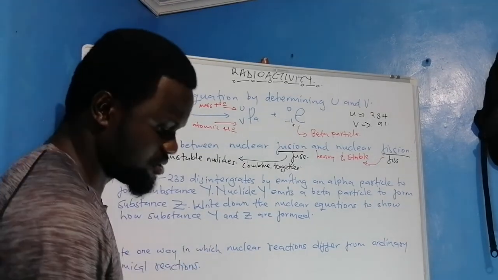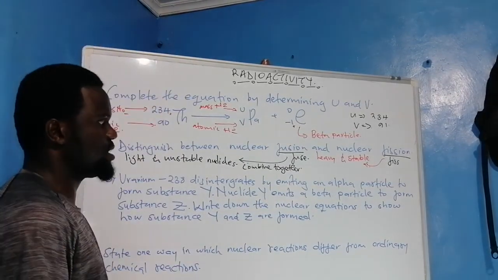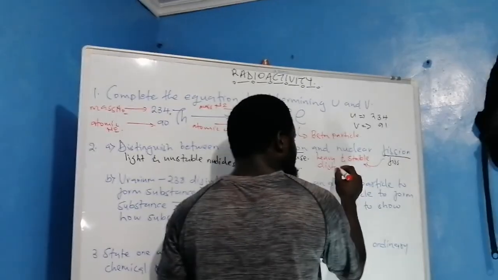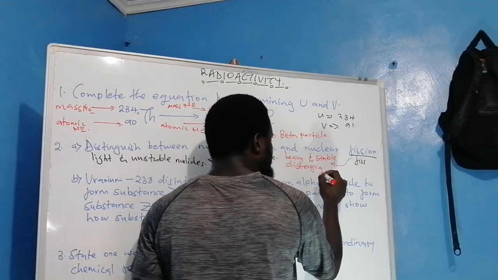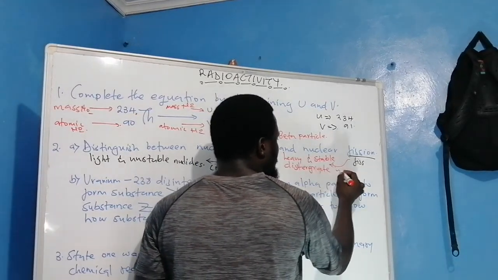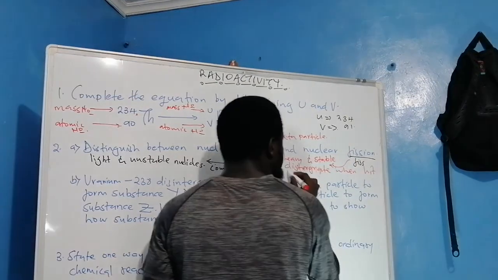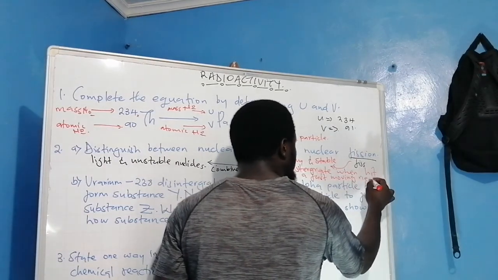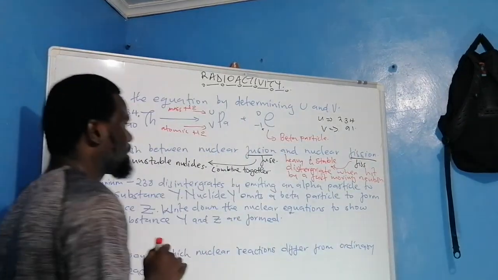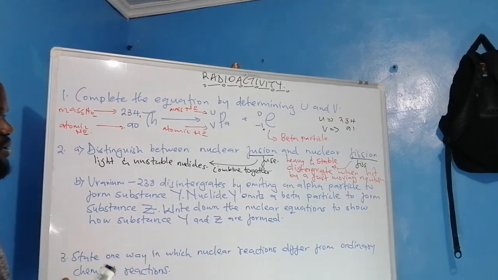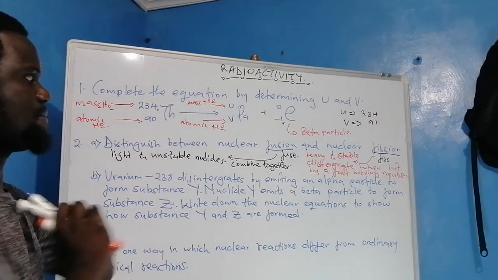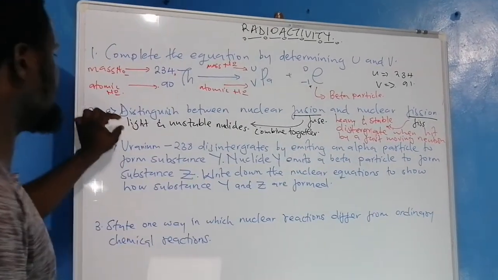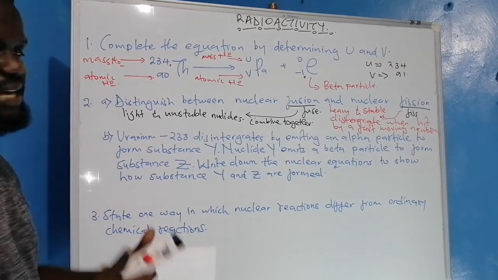And nuclear fission is whereby heavy and stable nuclides disintegrate when hit by a fast moving neutron. So basically, fusion is combining together, fission is separating, and in fission we must have heavy nuclides, and in fusion we must have light nuclides.